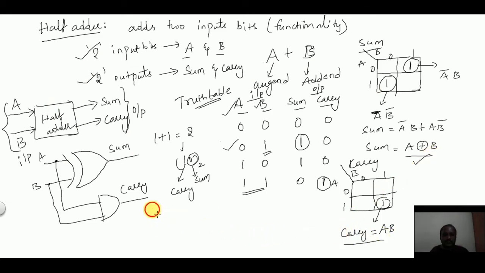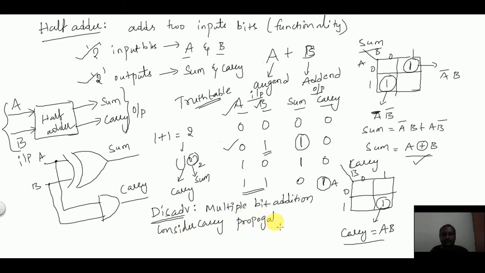The disadvantage of half adder circuit is in multiple bit addition. It does not consider the carry propagated in previous bit addition.